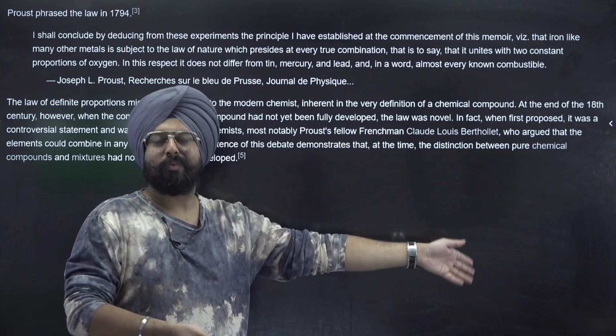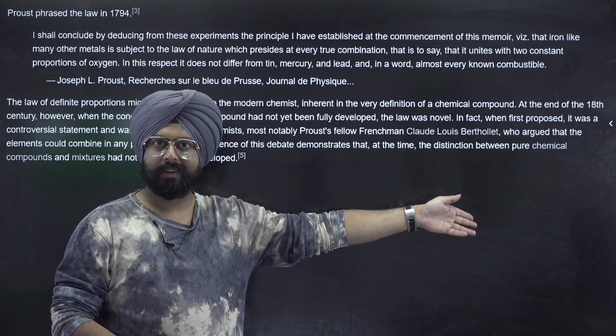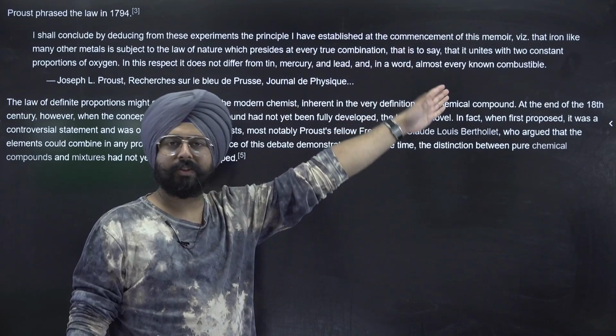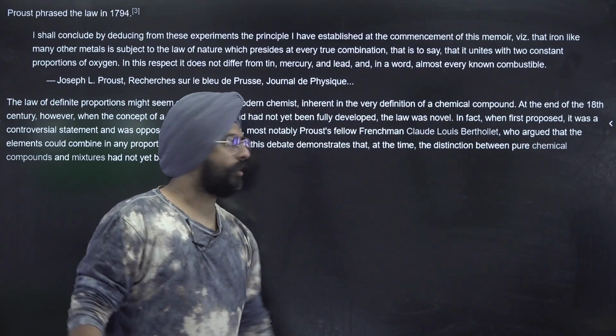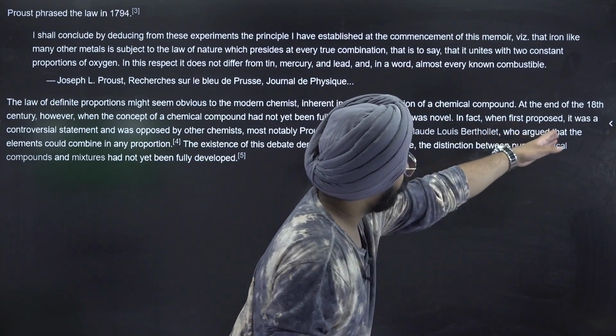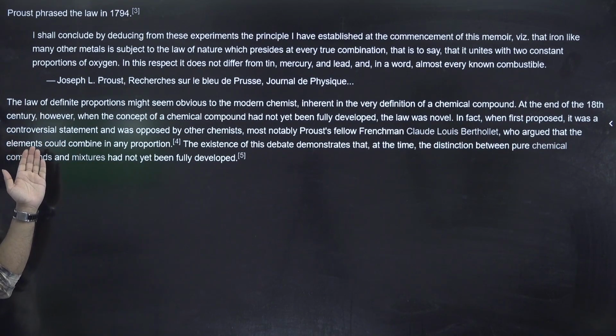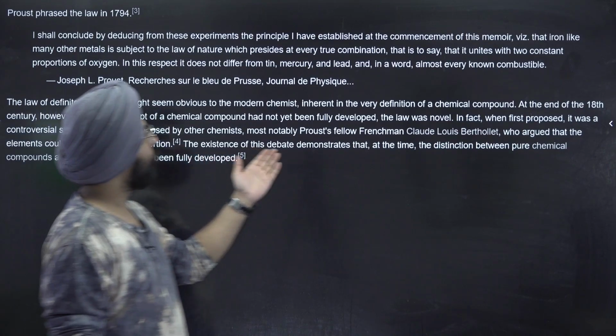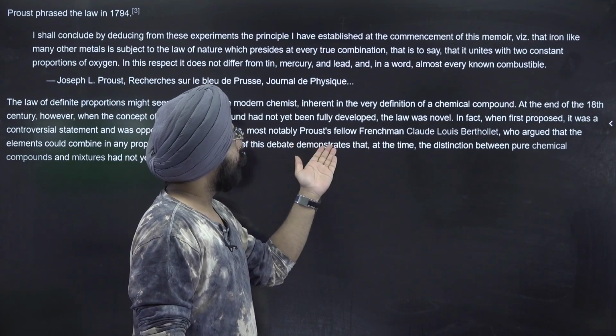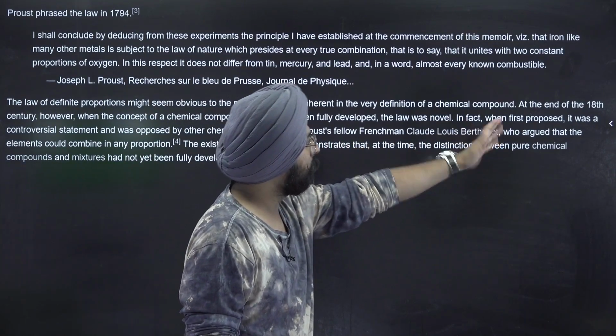Even scientists did not believe when this law came out. A lot of scientists argued with this Joseph guy that no, your law is wrong. In fact, when first proposed, it was a controversial statement and opposed by other chemists, most notably Proust's fellow Frenchman Claude Louis Berthollet.